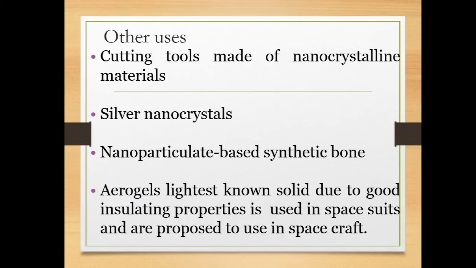Then we have the aerogels, which is the lightest known solid due to good insulating properties, is used in space suits and are proposed to be used in spacecraft. It has insulating property, in the sense that they are not good conductor of electricity. That's why they are being proposed to be used in spacecraft at the same time in space suits.